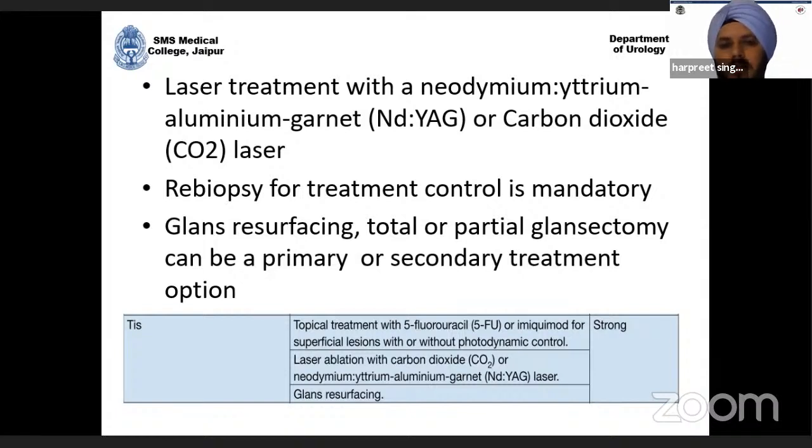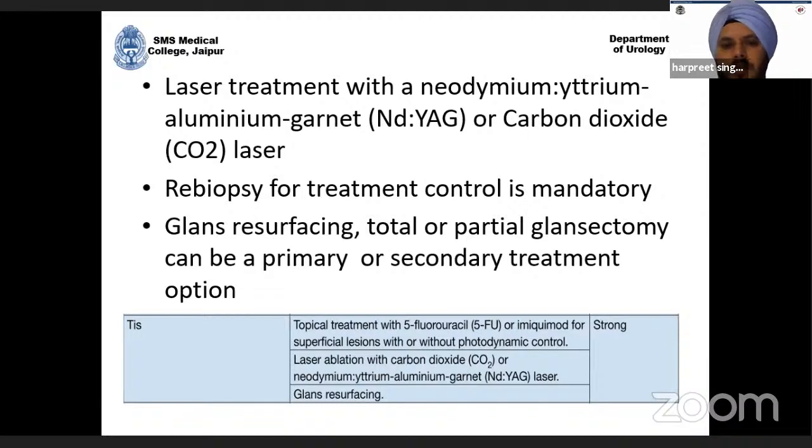It is approximately 10 to 23% for the CO2 laser, as compared to up to 48% for the Nd:YAG laser. A rebiopsy to see the response is mandatory for treatment control.